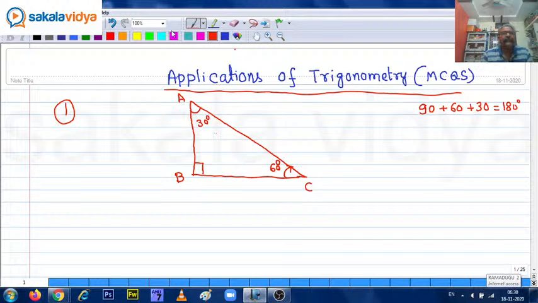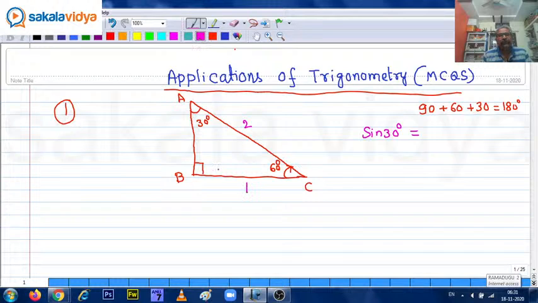Now from this one we can define sine 30. Sine 30 is equal to opposite side by hypotenuse. Sorry, I made a mistake. One minute.